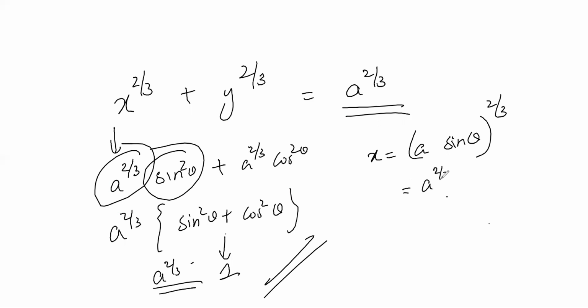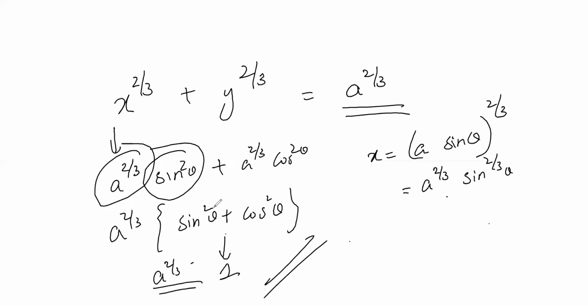A power 2 by 3 sin power 2 by 3 theta. Correct? Then if I get a power 2 by 3, sin power 2 by 3 and cos power 2 by 3, will it work? I don't have any formula for that. I need strictly sin square theta and cos square theta to work. So this is not going to work.